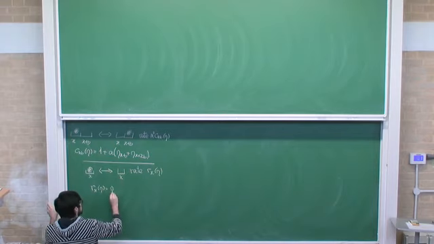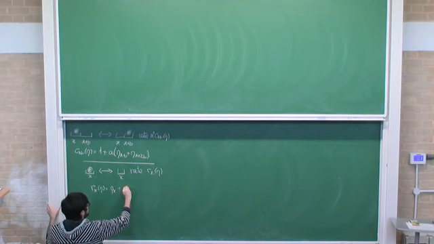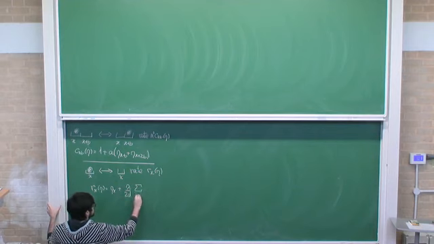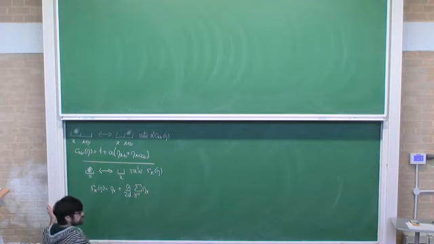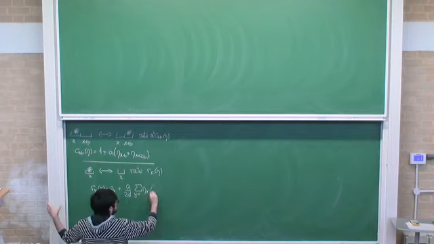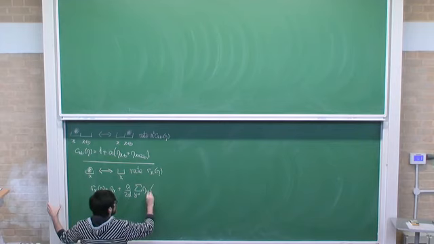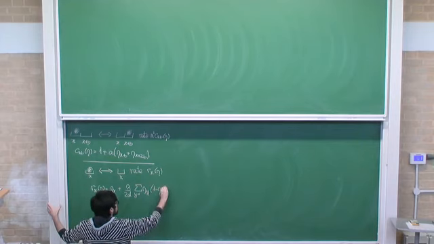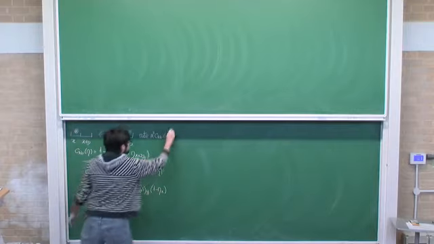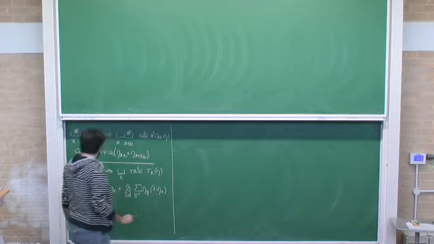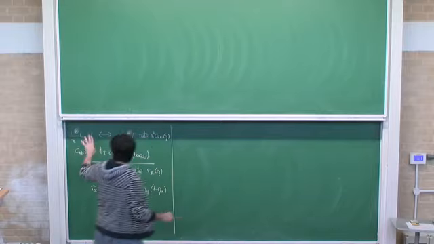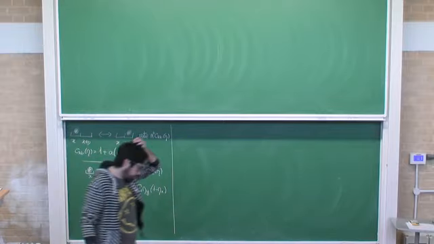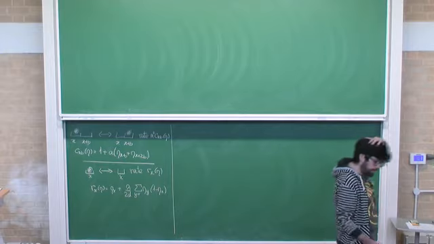I use as an example the contact process type of rate. And I claim that for this system we could prove a quantitative version of the hydrodynamic limit.